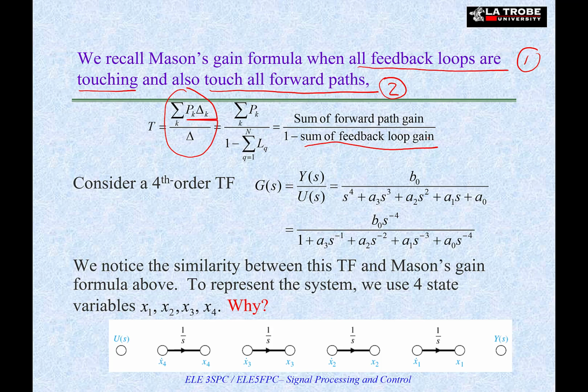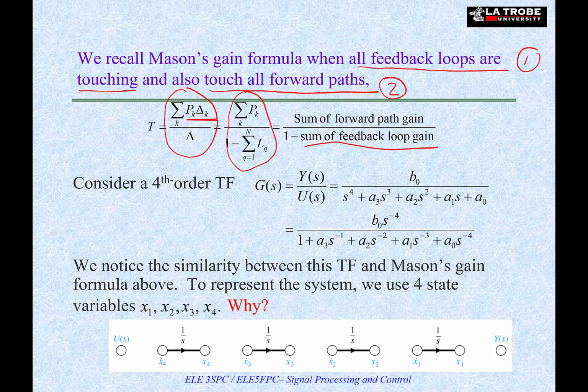Therefore, you don't really see the delta k term in the simplified version of Mason's gain formula, which is given by this one. And in the development of the signal flow graph in the canonical form, we only use the simplified version of Mason's gain formula. It is better to understand how this is done through an example.